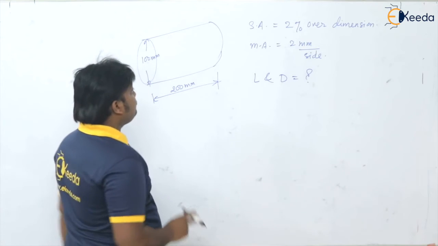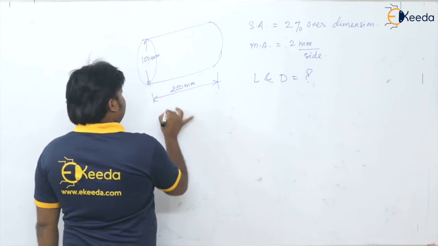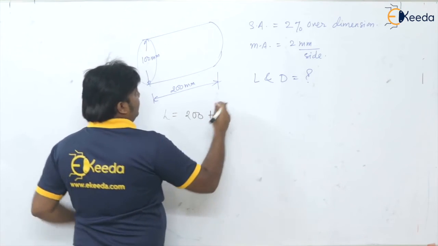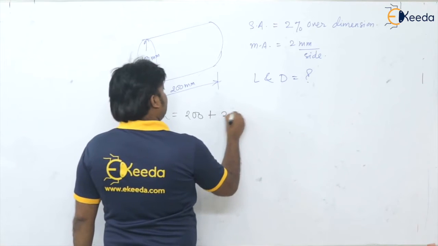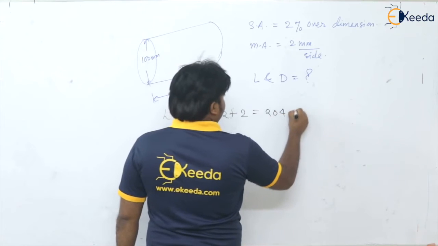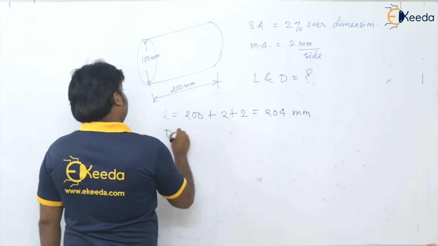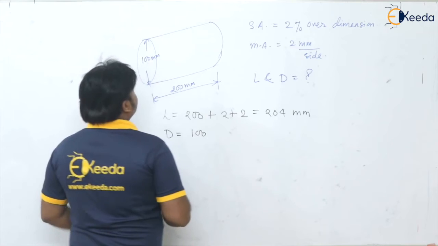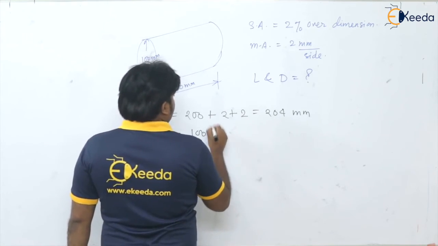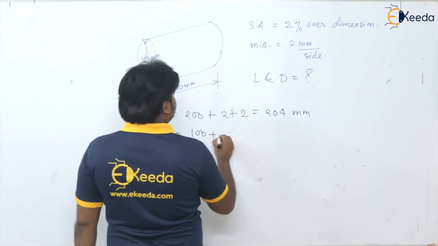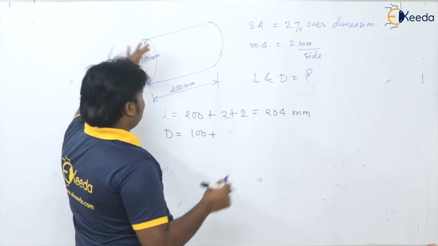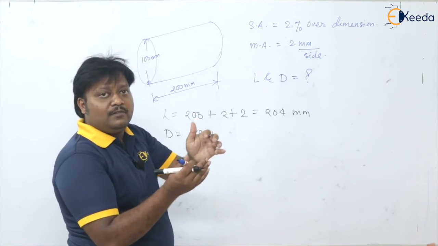Let us solve this. L is how much? 200 mm. From this side and from this side, external dimension, machining allowance 2 times, that is 2 mm, 2 mm. So it is 204 mm. What is the diameter? 100 mm. It is going to shrink, that's why we have to add the material for machining.